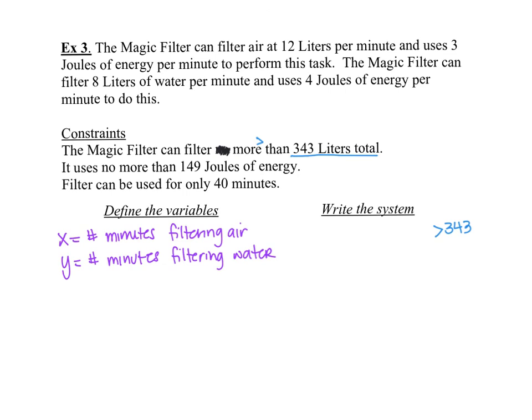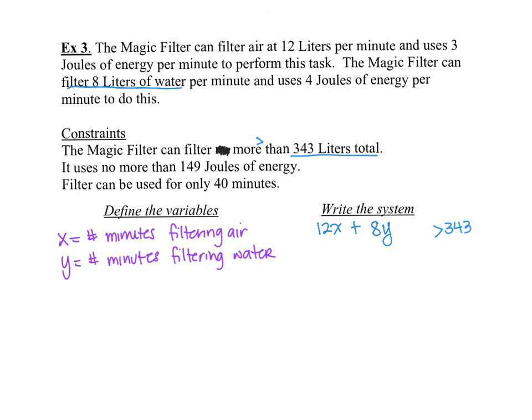So let me go back up here. The magic filter can filter air at 12 liters per minute. The air is the x, so that's going to be 12x. For the water, it can filter 8 liters of water per minute, so 8y. So that's my first constraint.